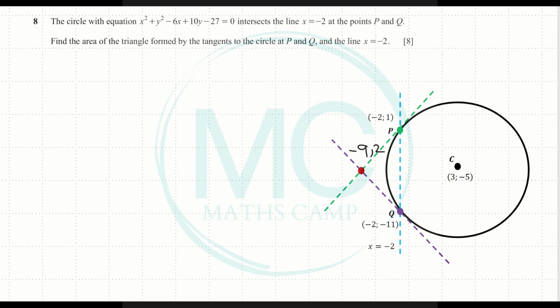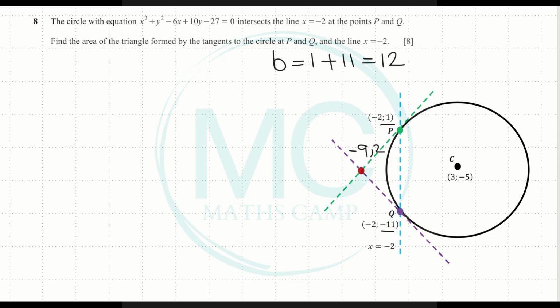The base of the triangle is the blue vertical line, where x is equal to -2. So the length of the base is the distance between our y coordinates. So for the base, I can say base is equal to 1 minus -11, which gives me a length of 12 units.